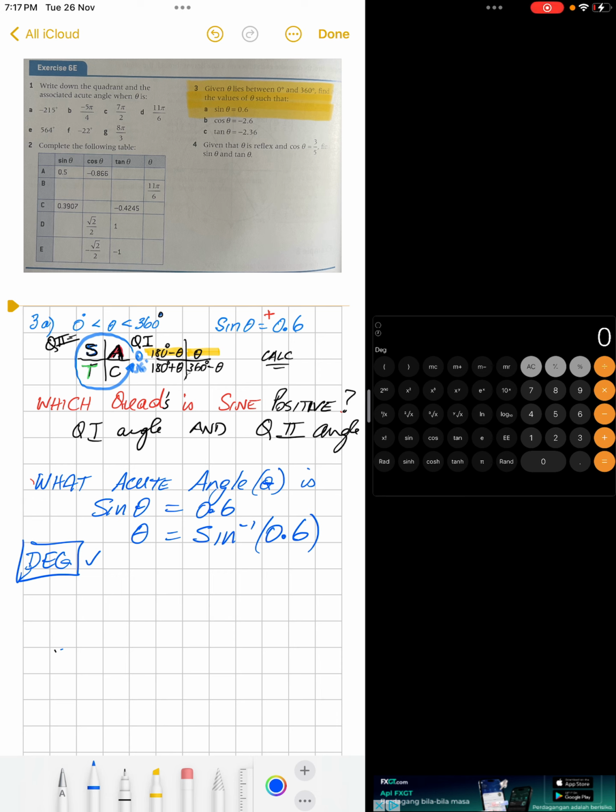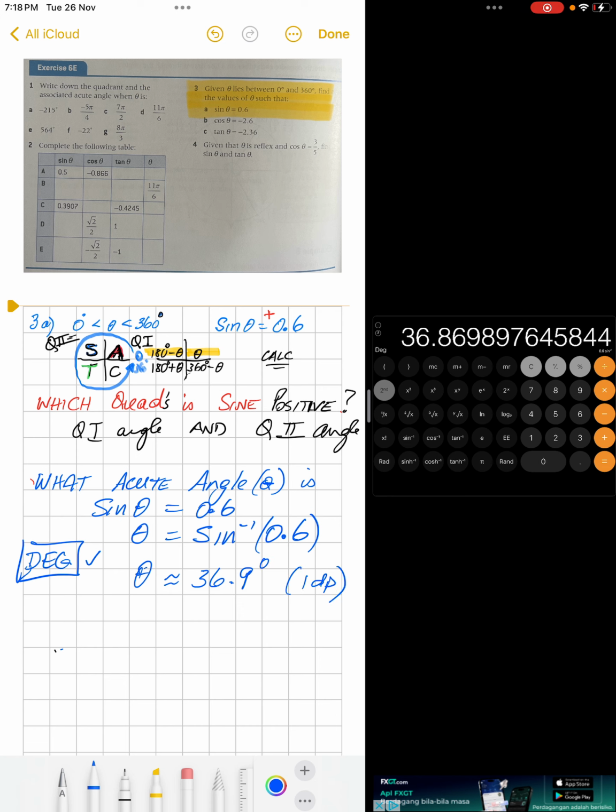Now I put 0.6 and I want second function, there's an inverse sine. So 0.6 inverse sine. I'm dealing with an acute angle of approximately 36.9 degrees. That's to one decimal place.